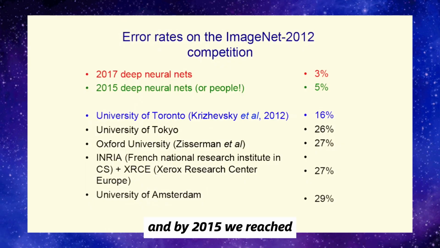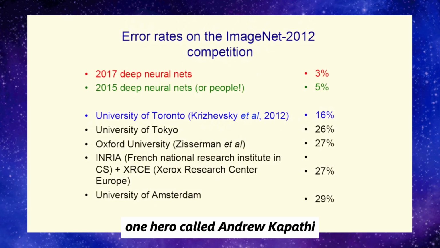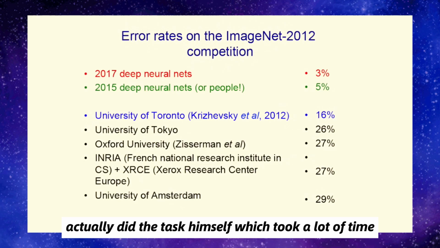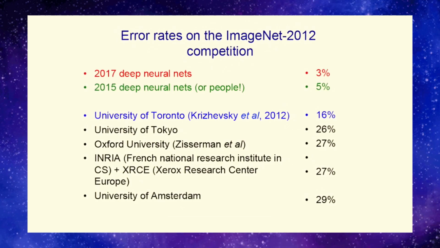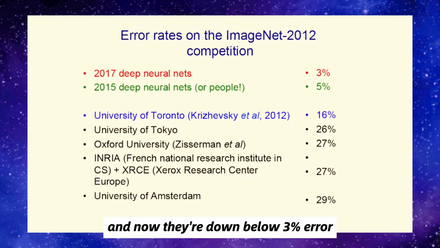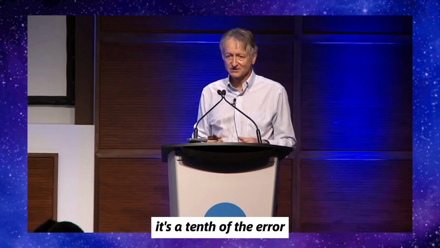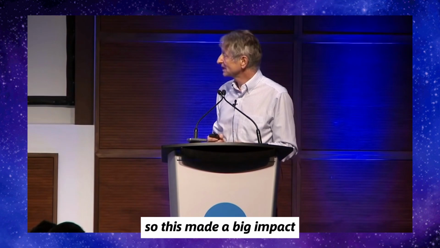By 2015, on that data set, people had reached human levels. One hero called Andrej Karpathy actually did the task himself, which took a lot of time, and got 5% error. And now they're down below 3% error. So it's 1/10 of the error rate of the previous computer vision systems. So this made a big impact.